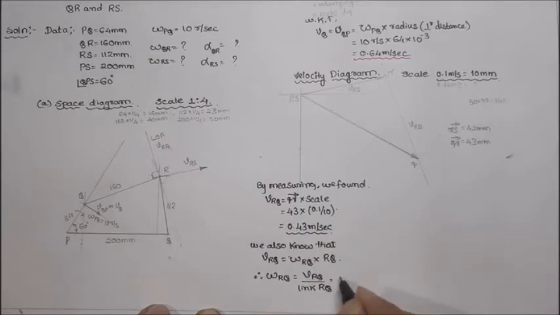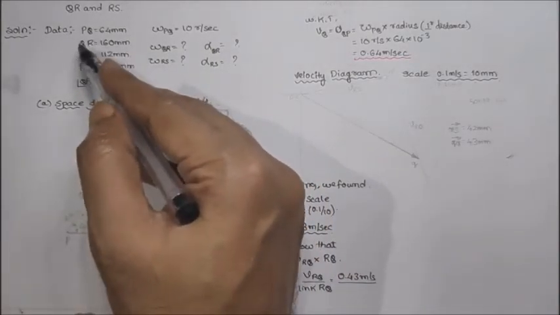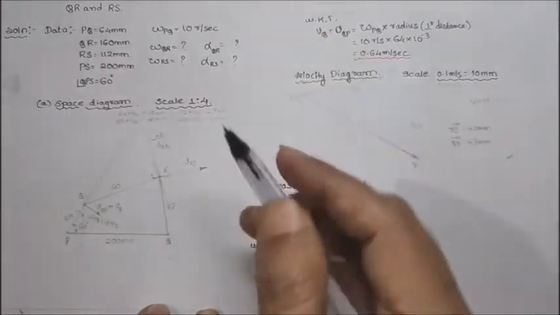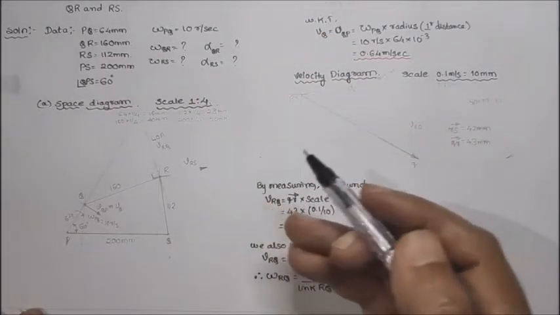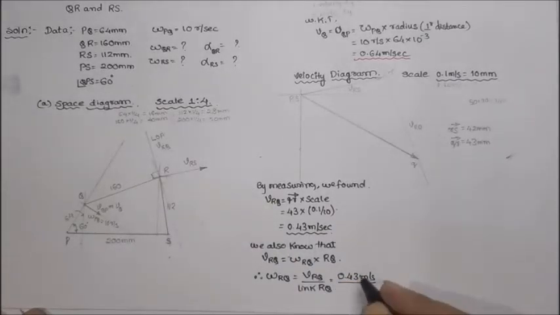Velocity of rq we got 0.43 meter per sec divided by link rq or qr, that is here we are having rq 160 into 10 to the power minus 3.